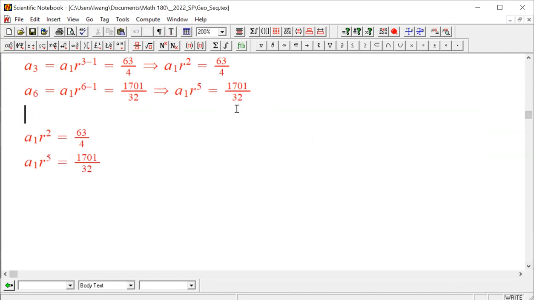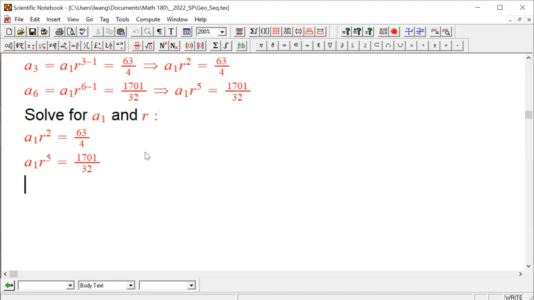From these two equations, we're going to solve for a sub 1 and r. Once we find a1 and r, then we're all set. We can find any term, you name it.